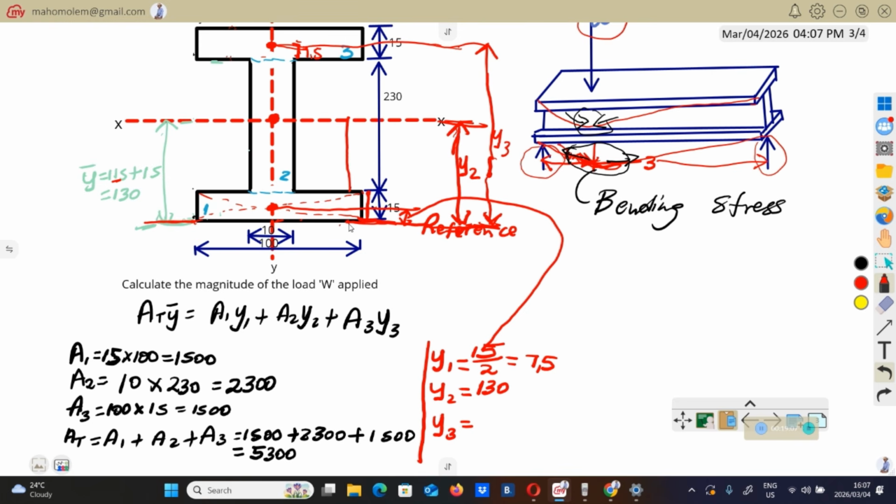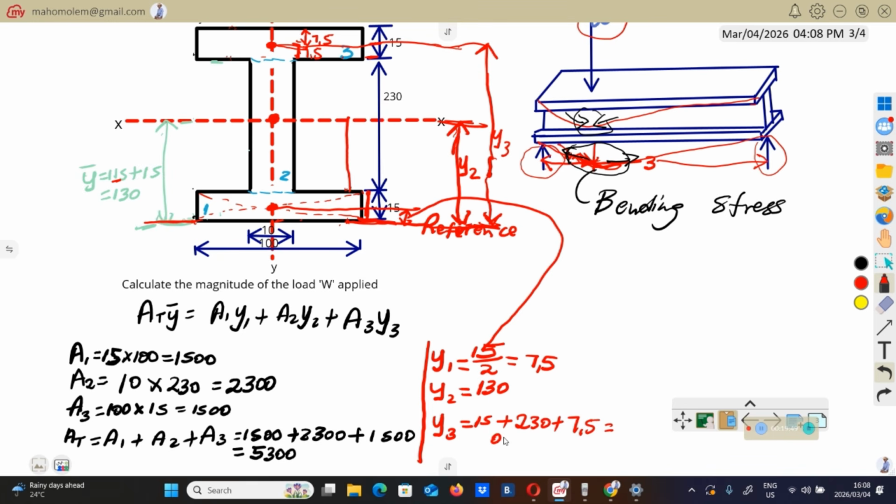So now the distance from the bottom to here, you will have two options. You can say this distance here, which is 15, plus this distance from here to there, which is 230, plus the distance from here to there, which is 7.5.